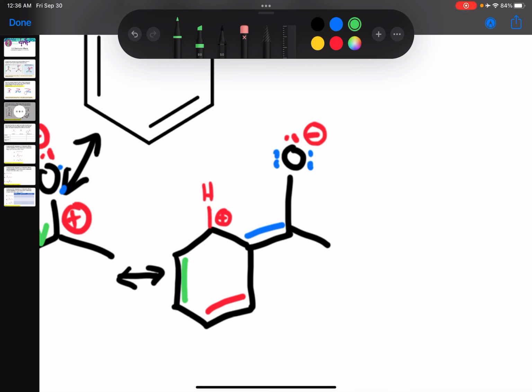We can then repeat the same process again and again. So let's take this green pi bond and transfer it towards the carbon where the positive charge is.